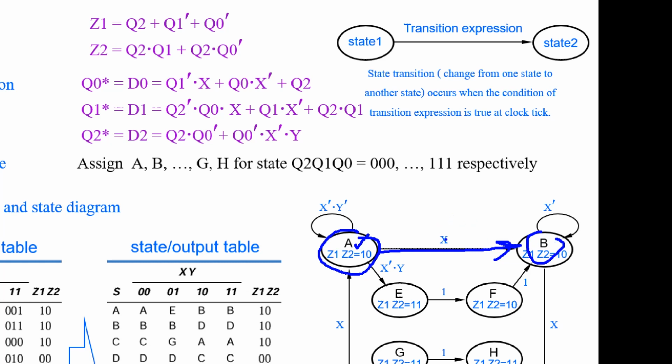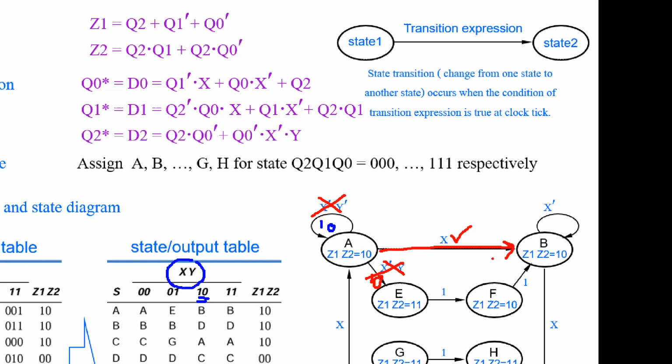When the input condition becomes true, for example at clock tick, if input xy is 1 0, x is 1, y is 0, this condition is false, and together, this condition becomes true. So the state will change for these two conditions.